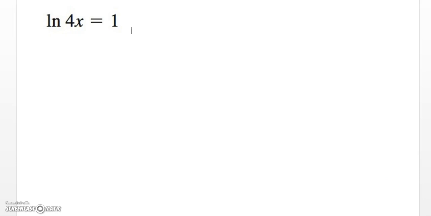Now we're changing to solving a logarithmic form, natural log. So it may be helpful to make the problem look like log base e, maybe parentheses 4x, and then you always want to get the logarithm by itself first, so it is by itself.